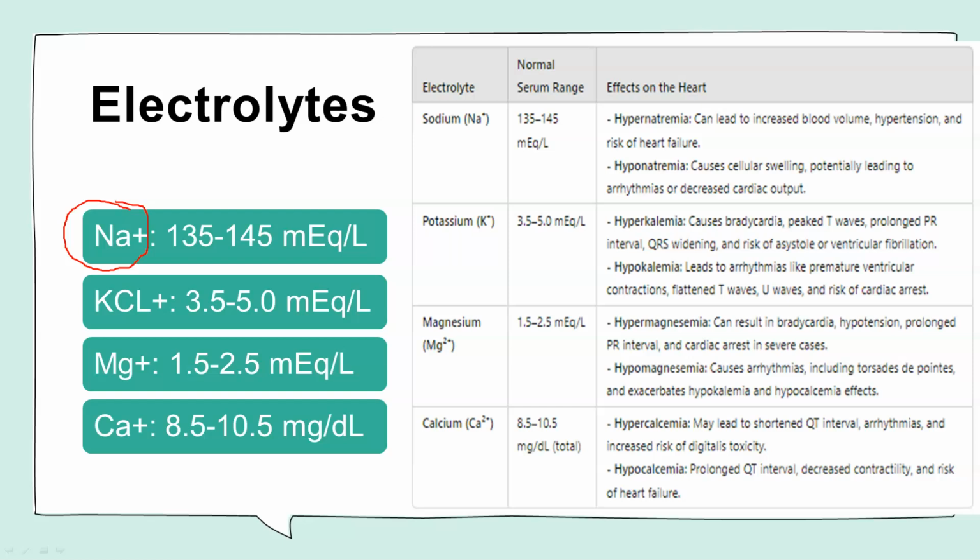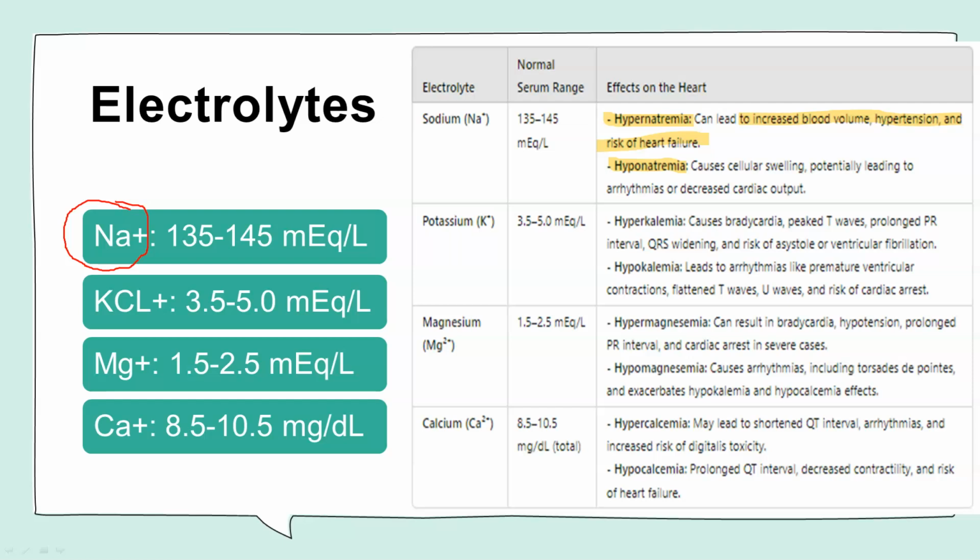So I do want you to notice that if we are talking about hyper or hyponatremia, you are still seeing things that are going to affect the cardiovascular system. If I have too much salt, you can have issues with too much blood volume, which would cause hypertension, and that hypertension would put you at increased risk for heart failure.